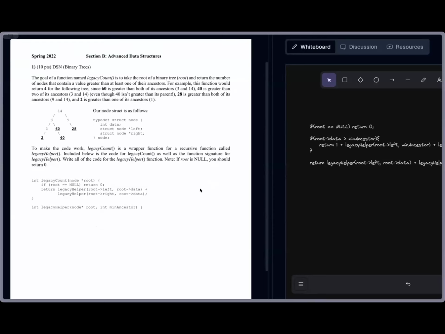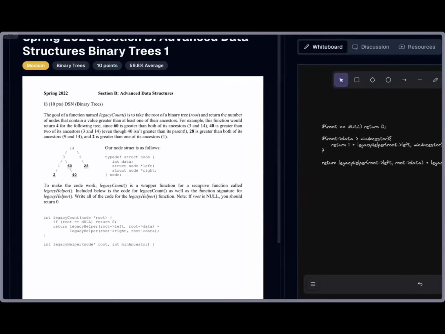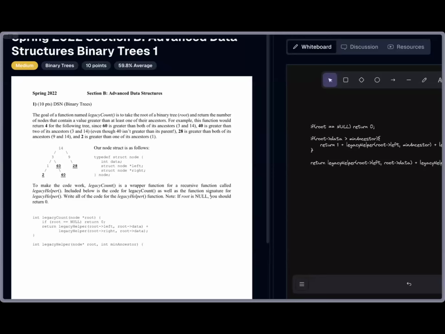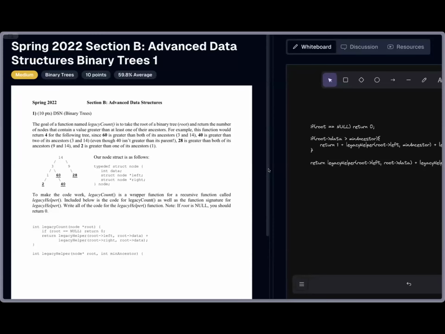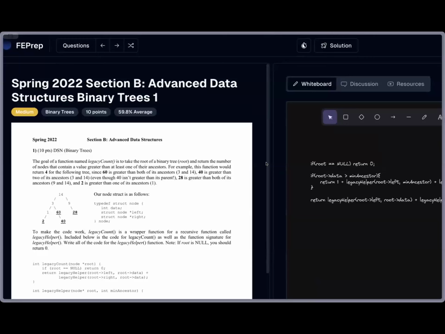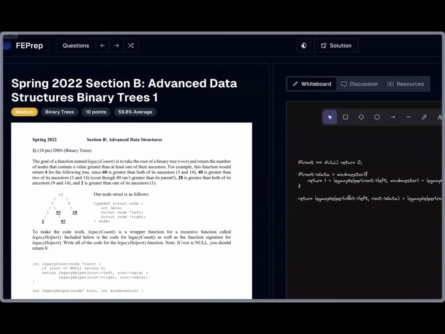So it's a lot. Does anybody have any other questions, or would you guys like me to do another problem, or would you guys like to go on to the AVL trees? Another one? Okay. One moment. Okay.